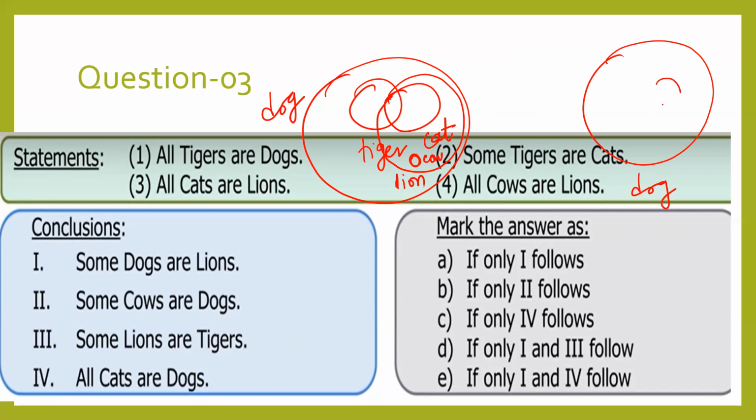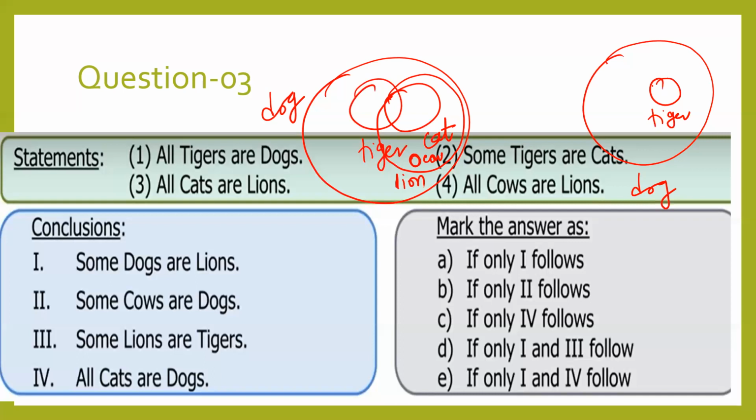This is tiger. All tigers are dogs, sorry. And some tigers are cats. If cat is inside, then all cats are lion. So definitely they would touch the intersection between dog and lion.